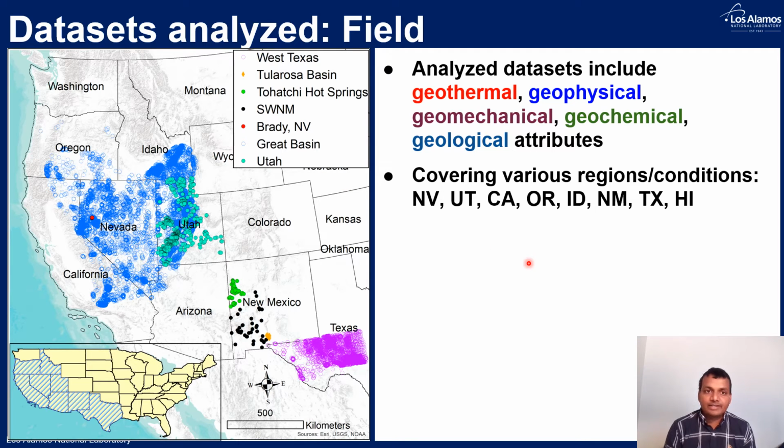So far we have analyzed 9 field datasets and 2 synthetic datasets. Those datasets include geothermal, geophysical, geomechanical, geochemical, and geological attributes, covering a huge area, mostly in the contiguous US: Nevada, Utah, California, Oregon, Idaho, New Mexico, Texas, and Hawaii.